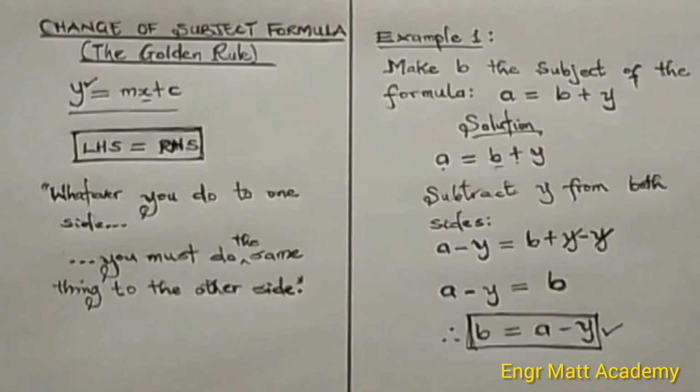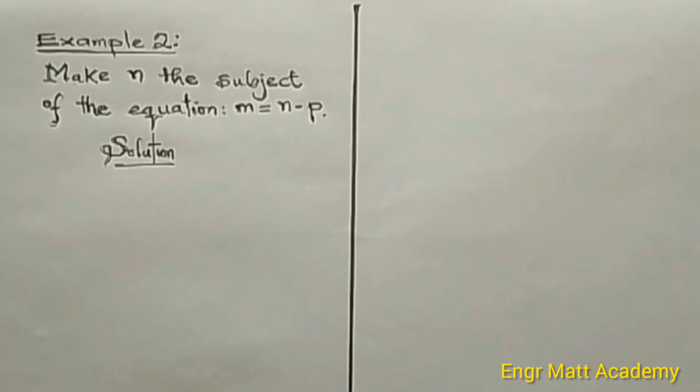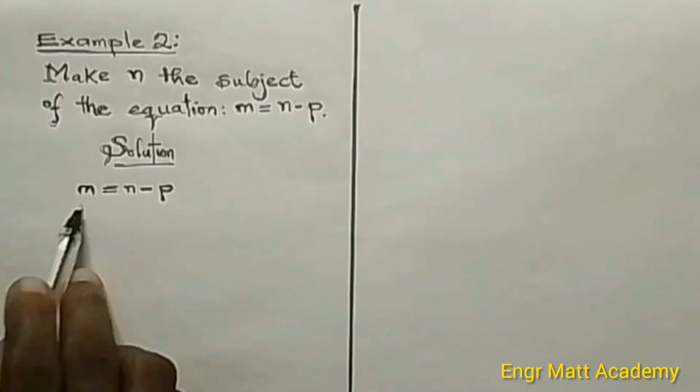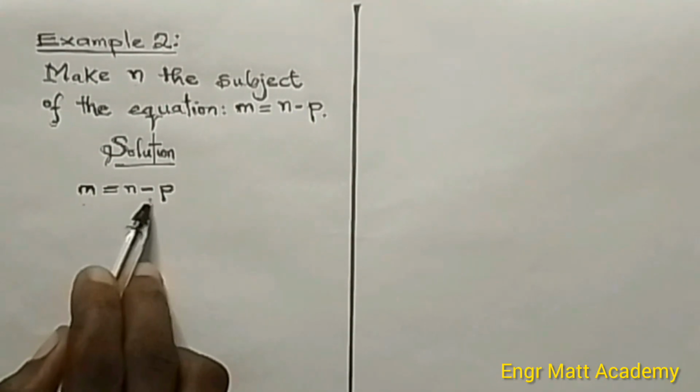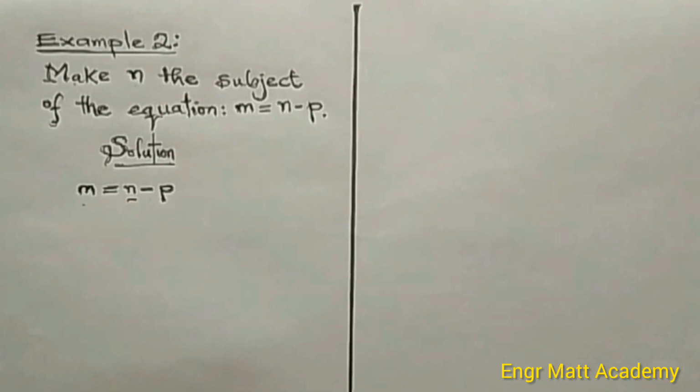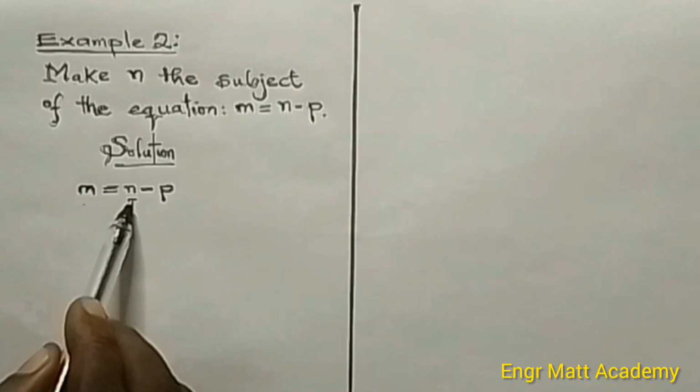Alright, let us consider another example. Example 2 says, make N the subject of the equation M equals N minus P. So let's go straight to the solution. The equation once again is M equals N minus P. Before you do anything, ask yourself, what is happening to N?